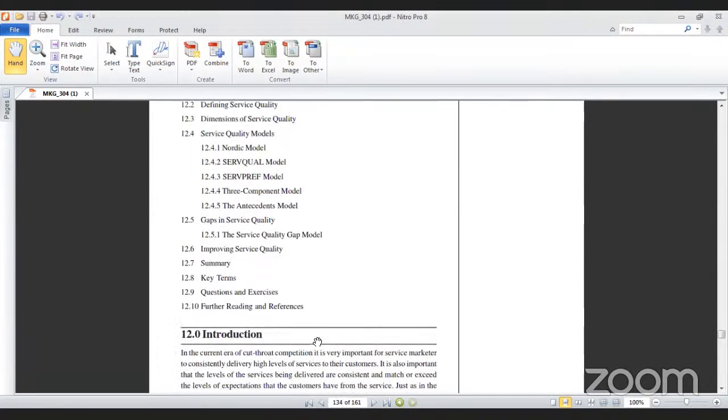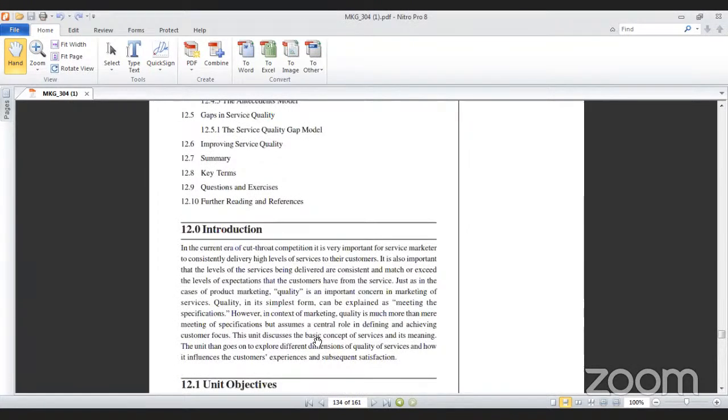Managing service quality. Managing service quality in the current era of thorough competition is very important for service marketers in delivering high levels of service to their customers. Product quality is an important concept in the marketing of services.